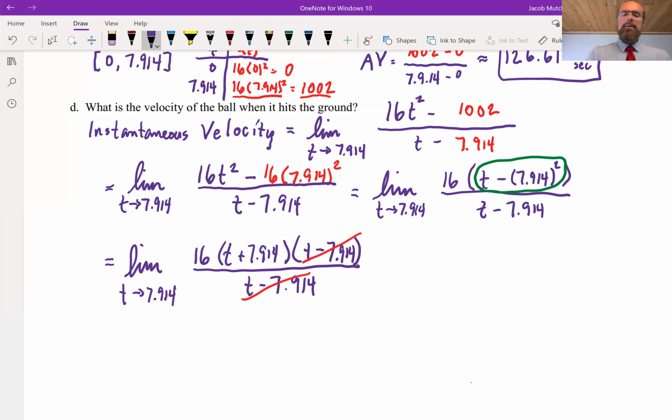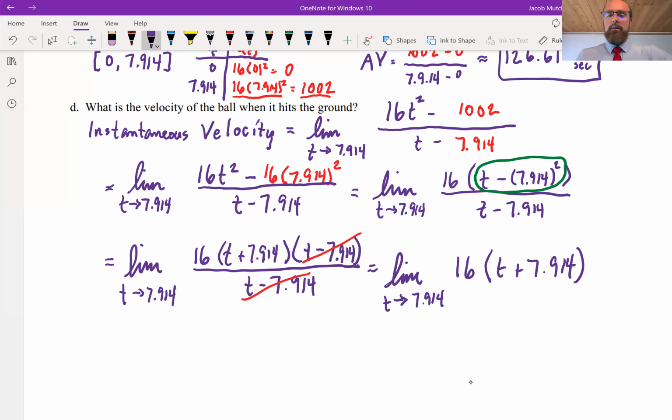And what that leaves me with is a limit expression that I can now apply direct substitution to evaluate. So it's the limit as t approaches 7.914 of 16 times t plus 7.914. So notice my denominator has canceled. So I'm ready to evaluate the limit by direct substitution. So that's 16, I'm dropping the limit notation.